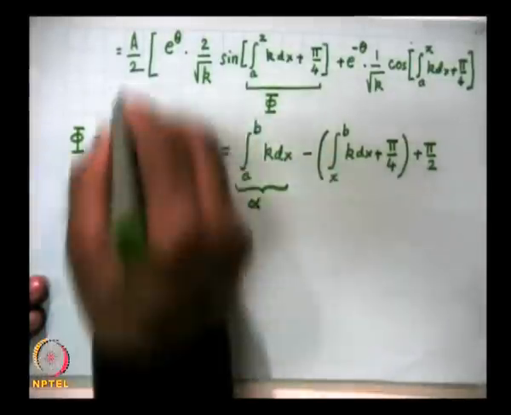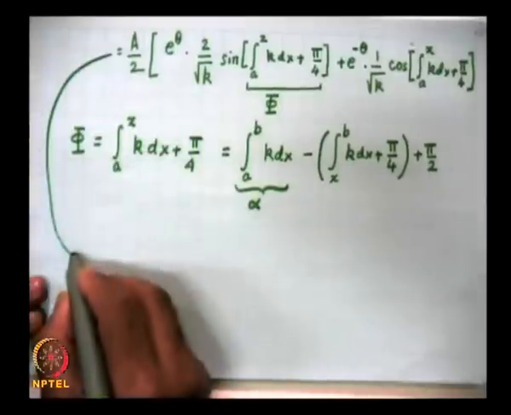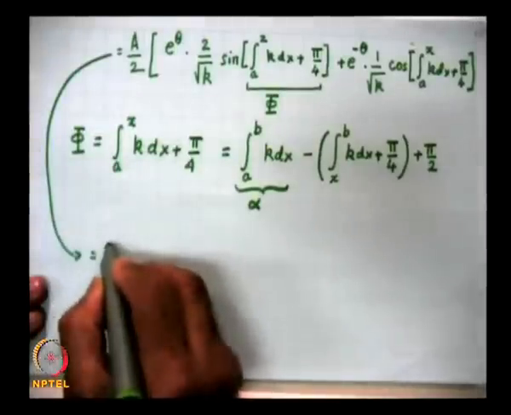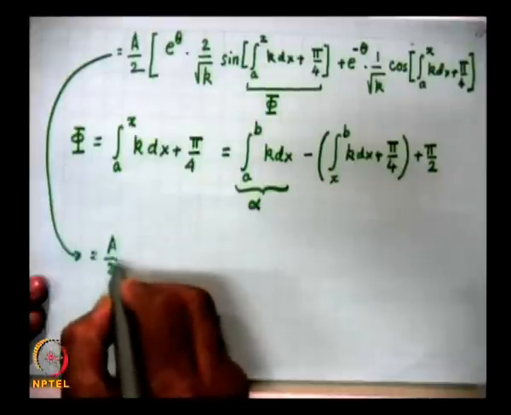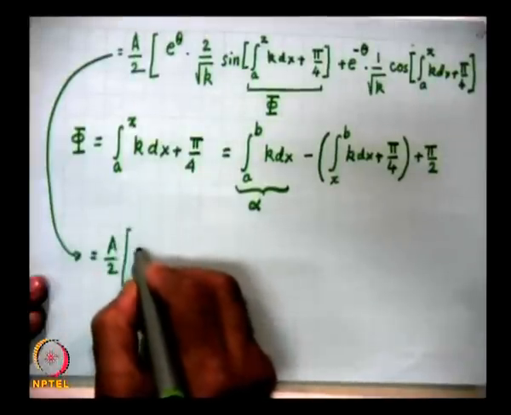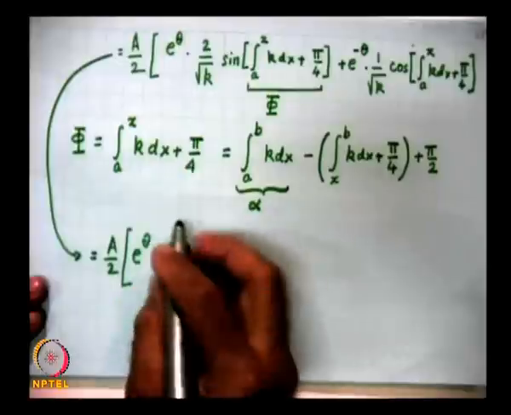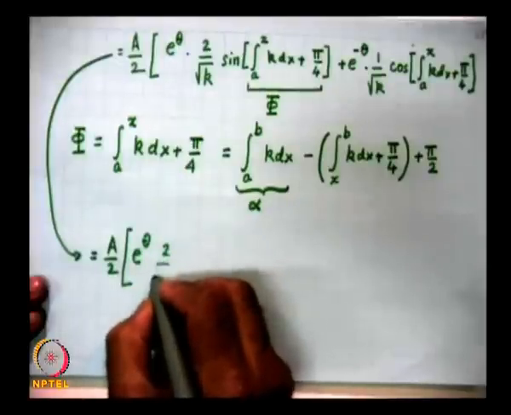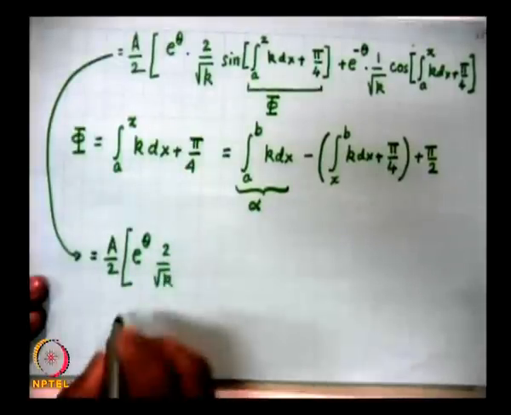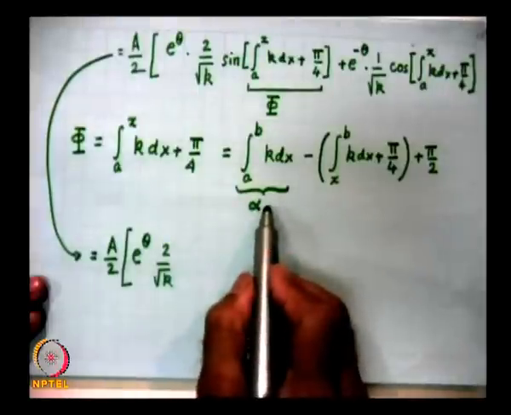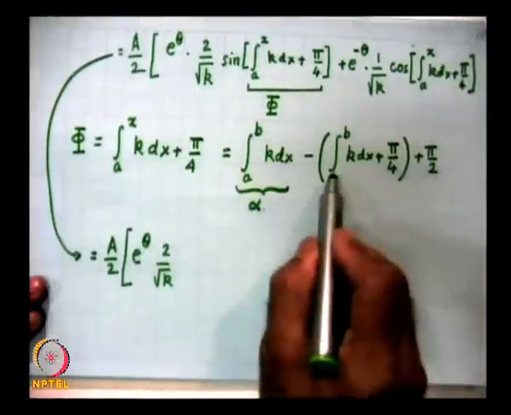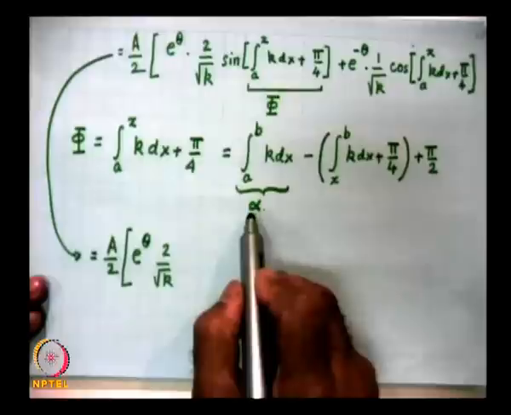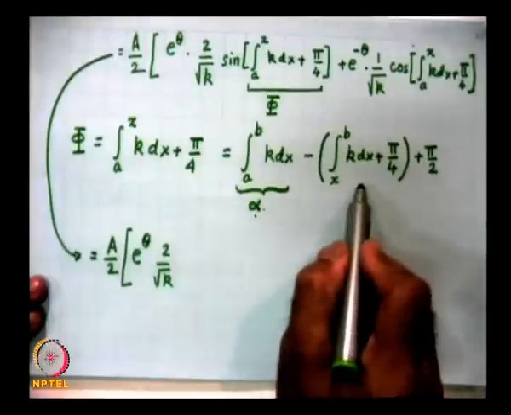So, this solution becomes equal to a by 2 e to the power of theta, 2 by root k, sine of alpha plus pi by 2 minus this. So, that becomes cos of alpha minus this.